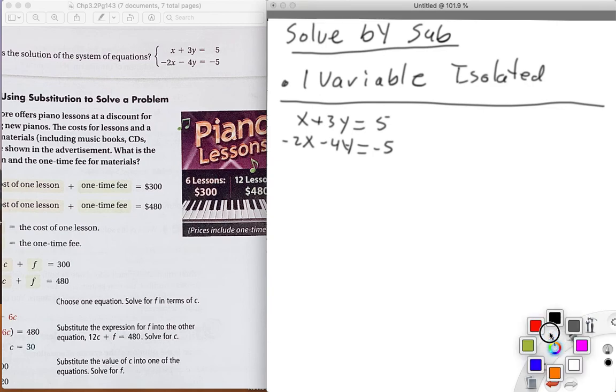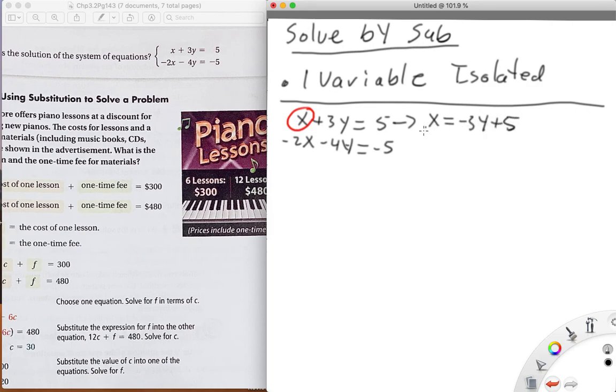If you look here, we already have a variable that's isolated for the most part. It's all by itself. So what I can do is subtract the 3y from both sides and say that x is equal to negative 3y plus 5. So I've isolated the variable.